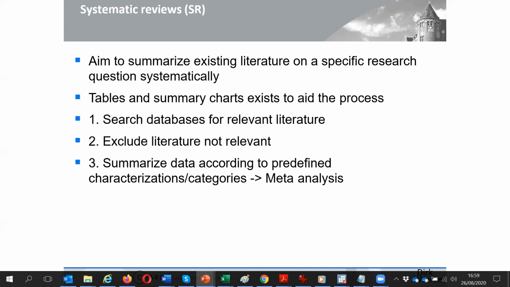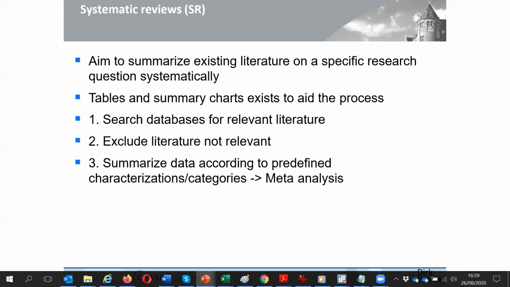In a systematic review, you are analyzing and summarizing all those studies, and coming up with some conclusion on whatever issue you are looking into. So systematic reviews are not really a single study, but they are studies which summarize a lot of other studies. And how do you do this?